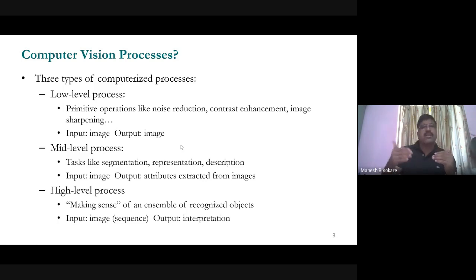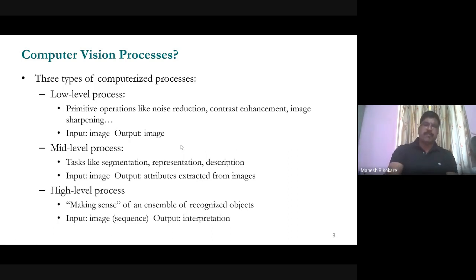Now you'd like to make sense out of it, to describe the scene or interpret the images. So your input is a sequence of images and output is the interpretation of the images. This is high level computer vision.